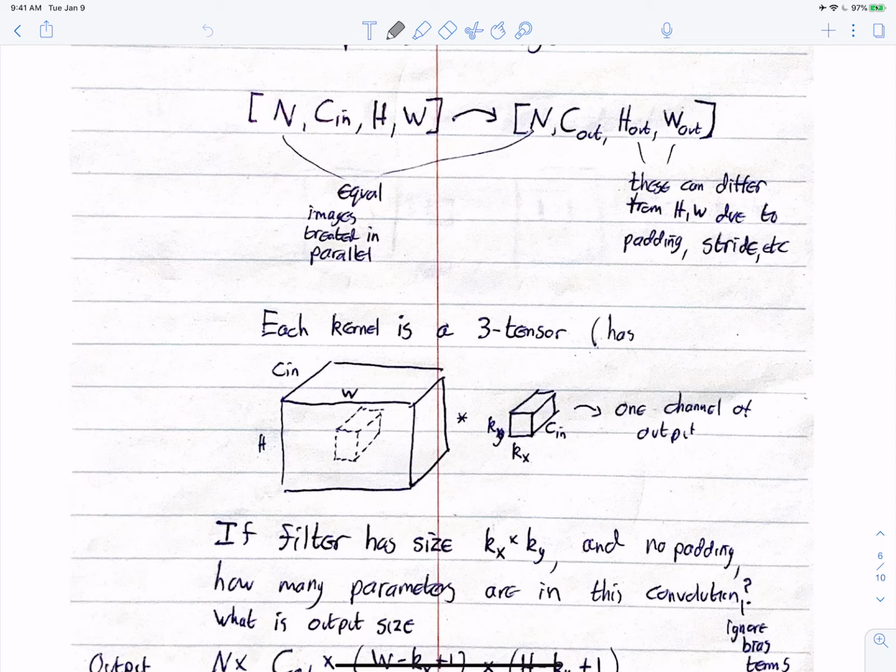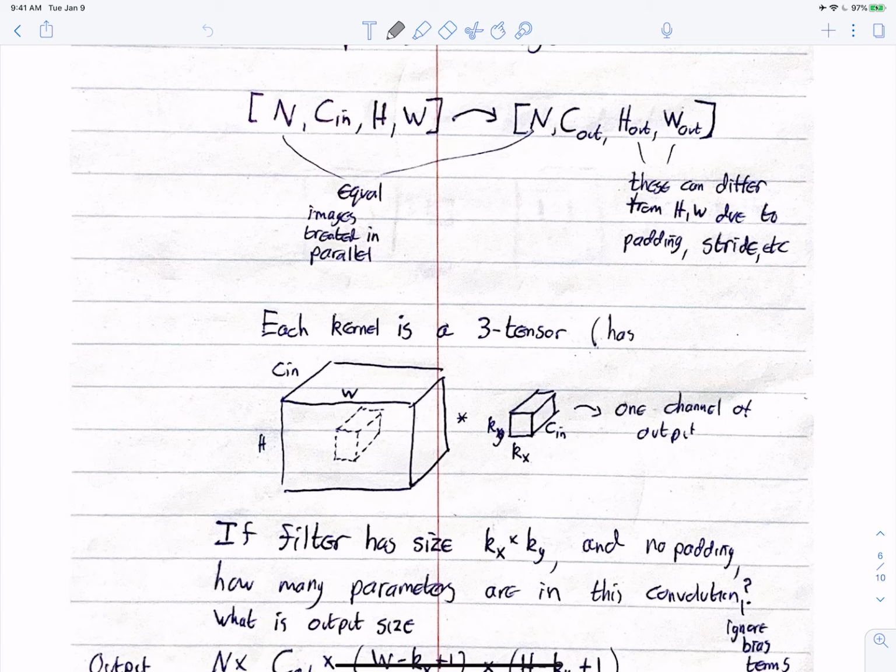And then all of the outputs are computed in parallel. The way this convolution is determined is you take this three-dimensional block, the kx by ky by Cin, and you translate it one row at a time, horizontally from left to right and top to bottom, over the input 3-tensor.